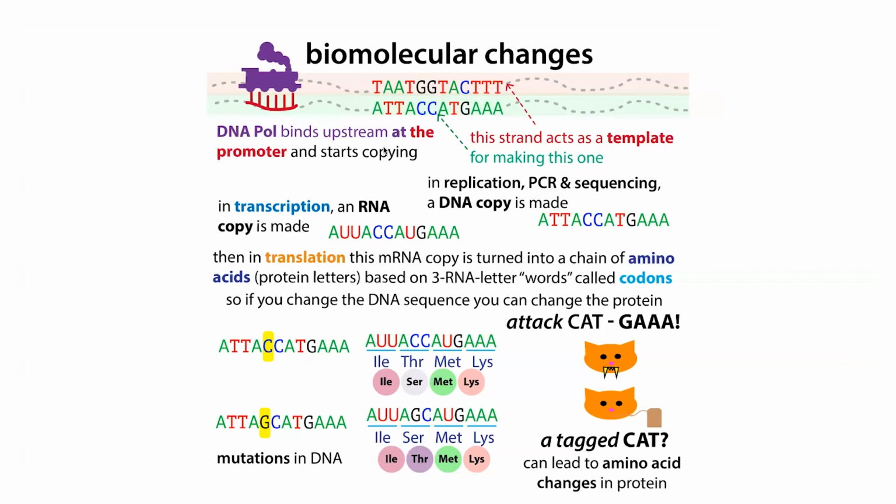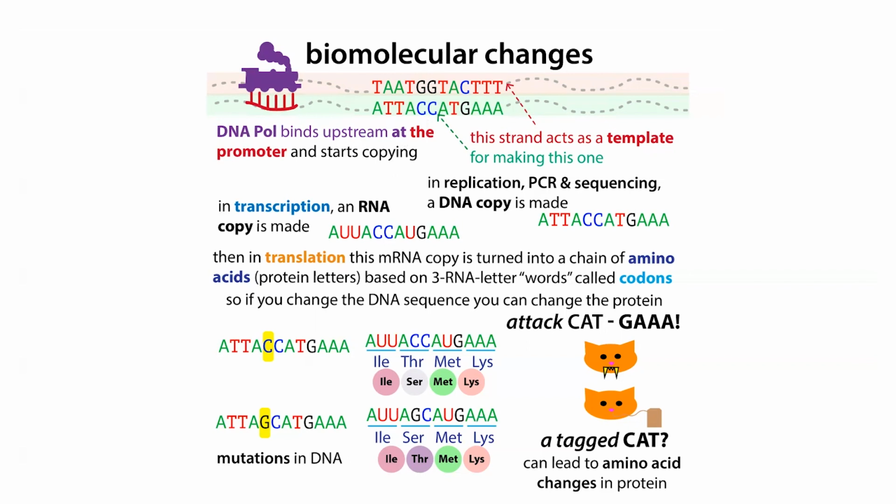And if you want a lot of the protein, you can make a lot of RNA copies from just the original single copy of DNA, or two copies, because you have one from each parent. But any permanent changes are going to have to happen at the level of the DNA. This is where you get the mutations, the changes in the DNA.